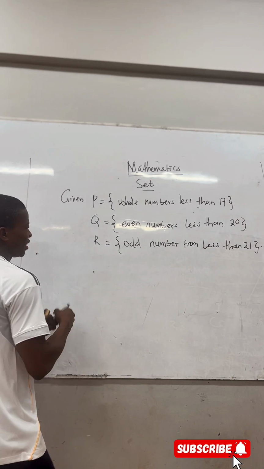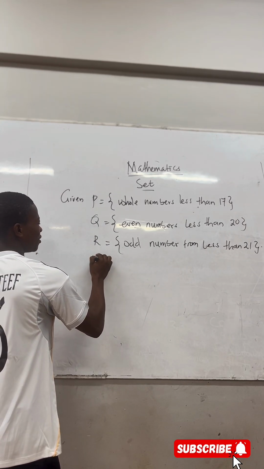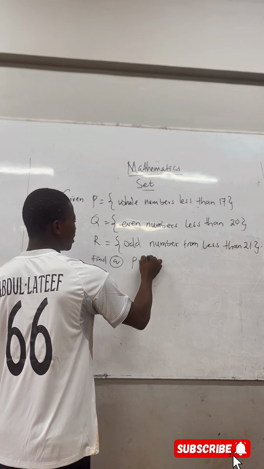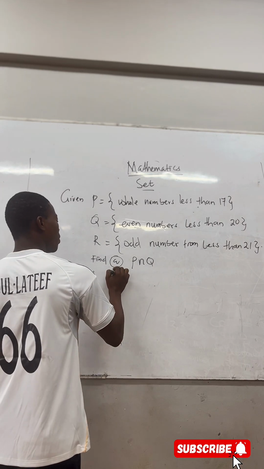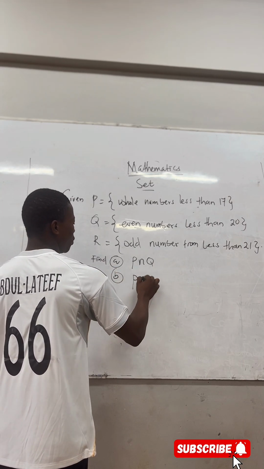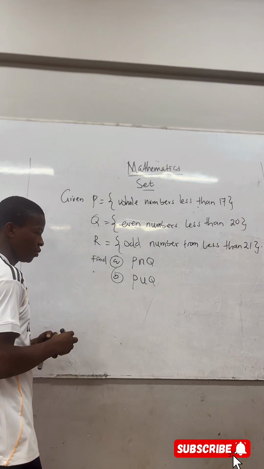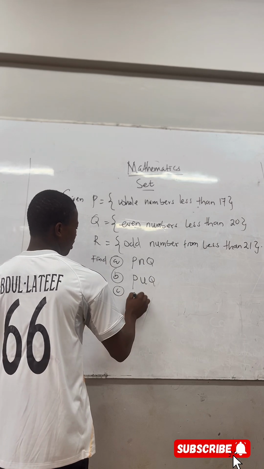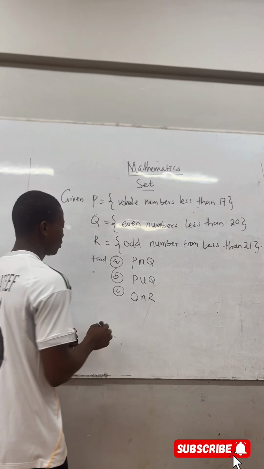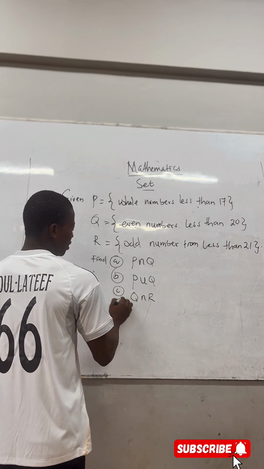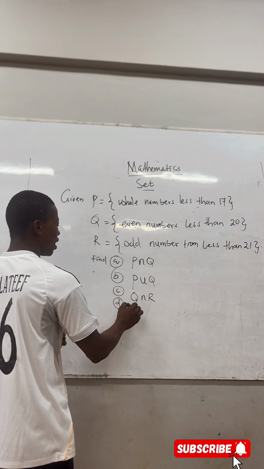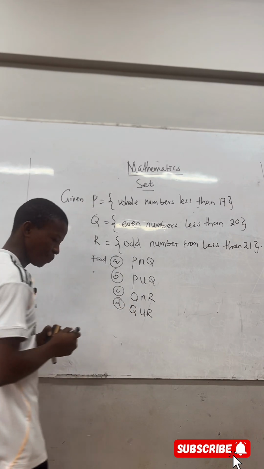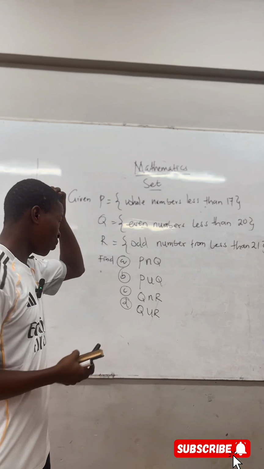They are saying that the first question is find A, P intersection Q. Now B, P union Q. C, Q intersection R. D, Q union R. So these are the problems that we are having.